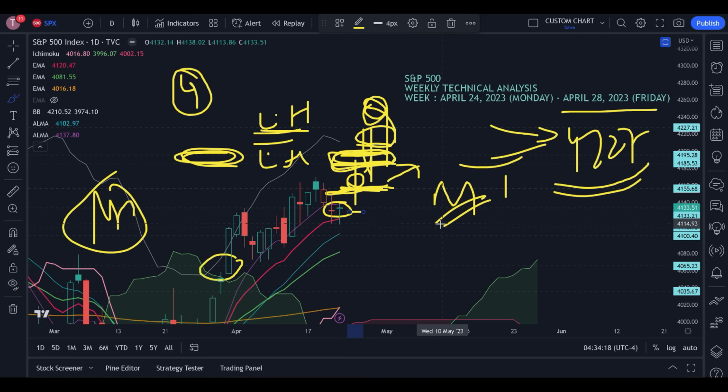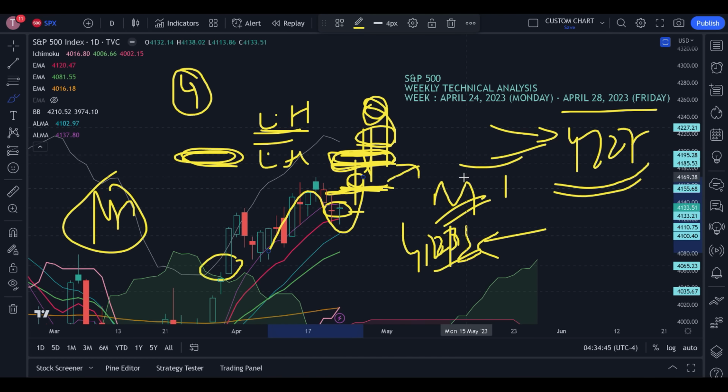This means that on this Monday, from the previous closings, 4122 or 4123 is going to act as a good support, and as long as it holds above or closes above 4122, 4123, the S&P 500 is expected to hold further, and then a movement like this.